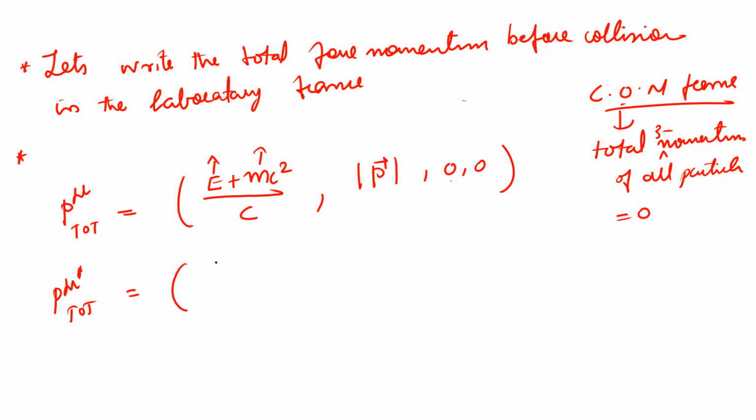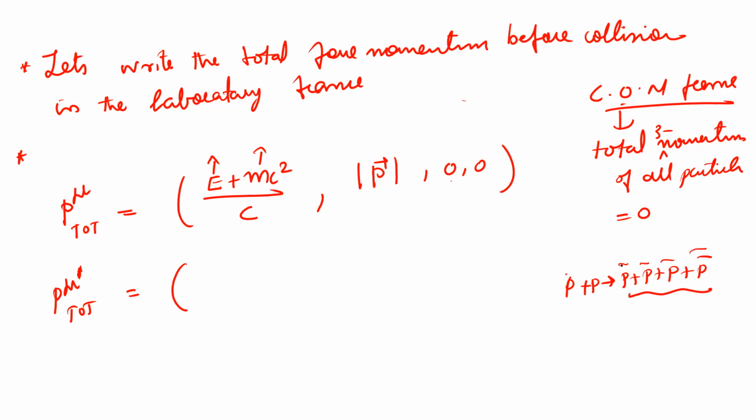So we have the energy here, because there are 3 protons and 1 antiproton: P plus P goes to P plus P plus P plus P bar. We say that all these particles are at rest. So the total energy is the energy of this proton plus this proton, this proton, this proton.